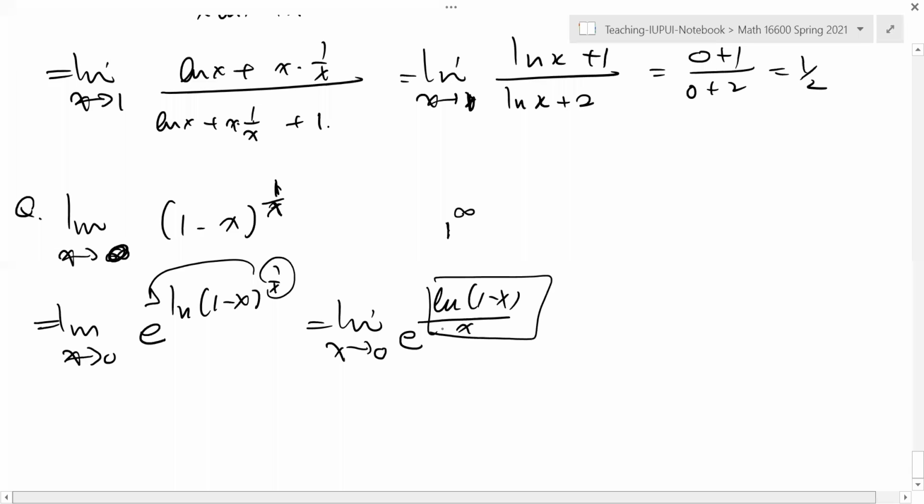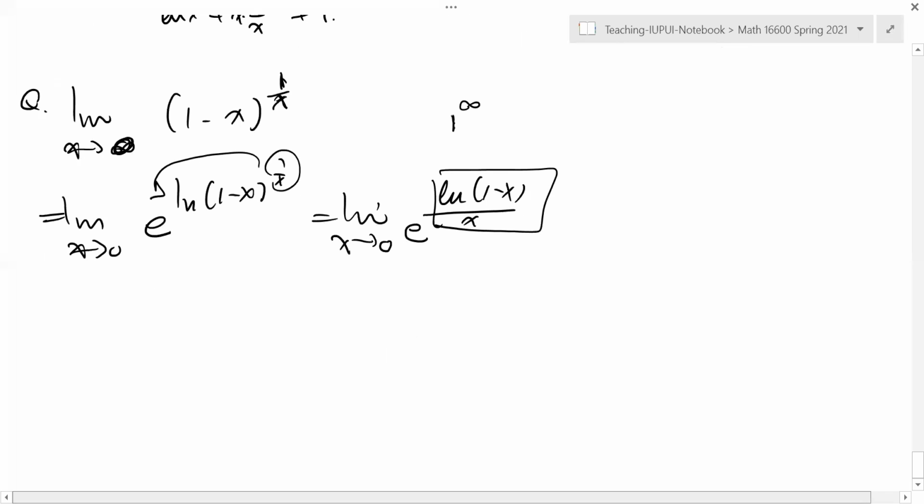So what is that limit when x approaches 0? My conclusion is this is going to be 1. Why? Let's take a look.